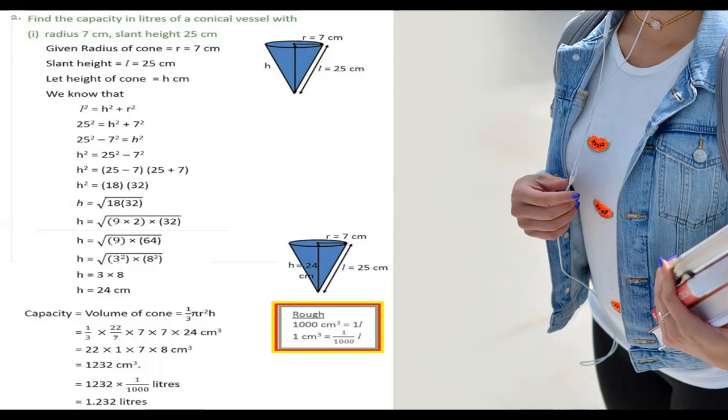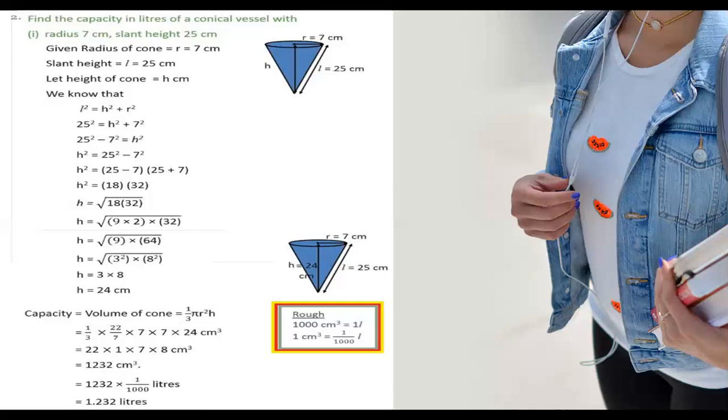Now substituting the values of L and r, we get h square as 18 into 32, and now h is the square root of 18 times 32, which by solving we get as 24 centimeters. And we know that the volume of the cone is given by 1 by 3 pi r square h. Now substituting the value of pi, r and h, we get 1232 centimeter cube.